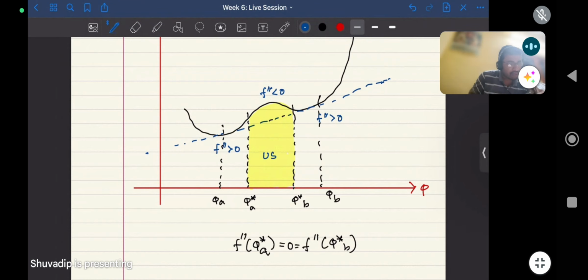If you give a small disturbance to the system, it will immediately phase separate. But in these two regimes where f double prime is greater than 0, the sky blue colored regions, this is called the metastable regime, because you need a very large disturbance to create a phase separation from this regime.